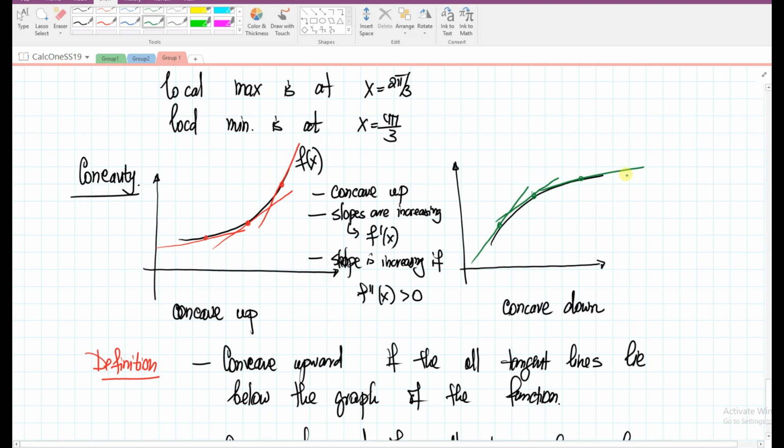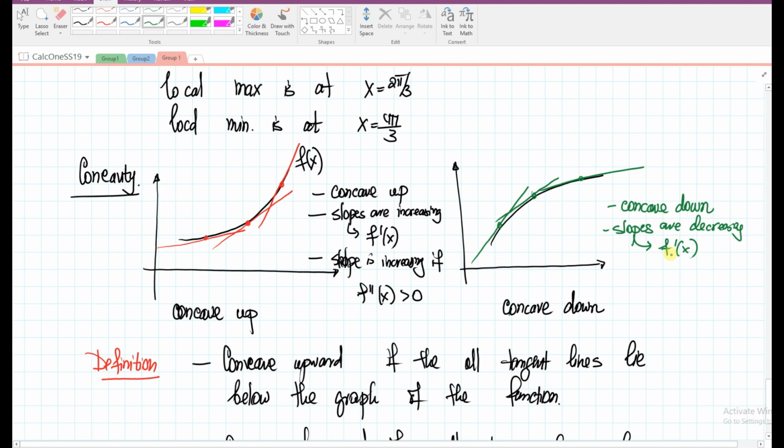Right? So it means that if your function is concave down, then the slopes are decreasing. The slopes are f prime of x, right?